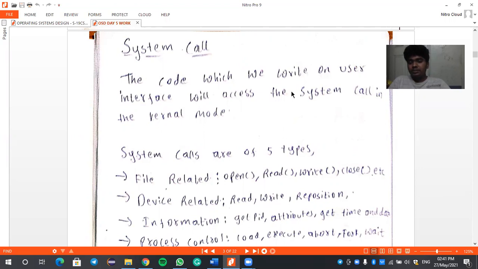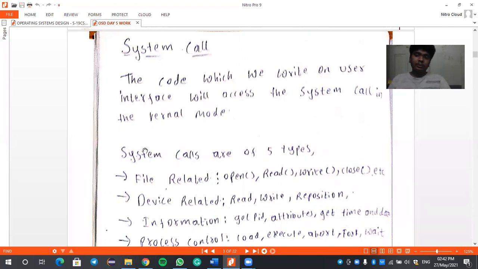The command given by the user is converted into a low-level language with the help of the kernel, and then it speaks with the CPU to execute that command or code, whatever it may be. So the code we write on the user interface accesses the system call in kernel mode.